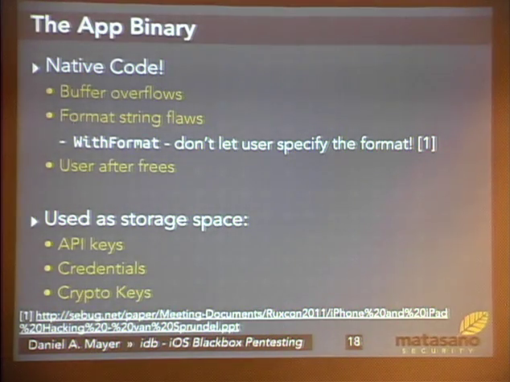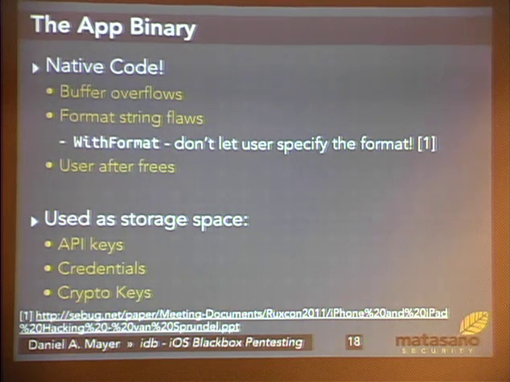So if you want to look at the app binary, there are some very easy checks you can do. Let's do it the other way around. It's native code, so we have all our nice bugs which we know. For overflows, we can have use after free, format string vulnerabilities. There's a nice way of specifying %at as a format on iOS, which can lead to code execution.